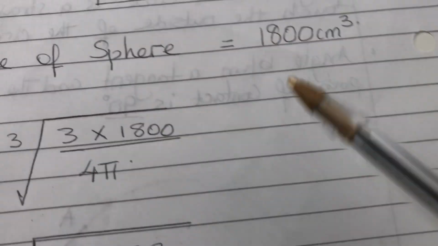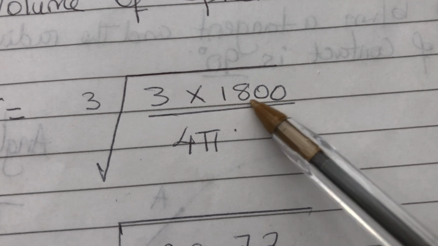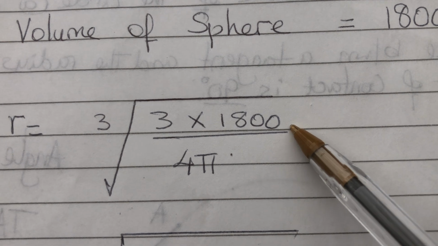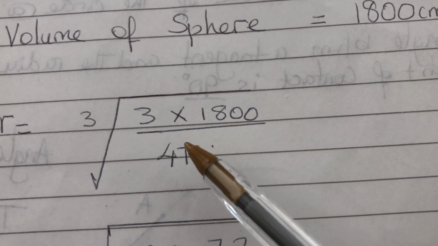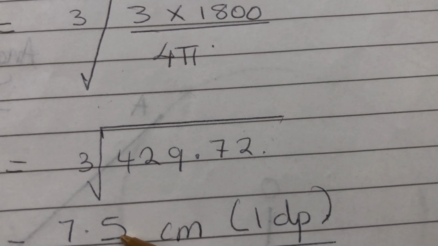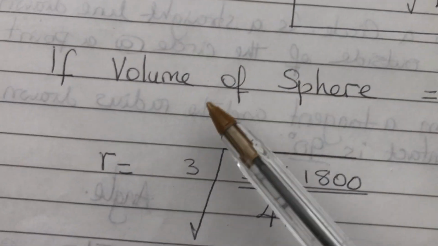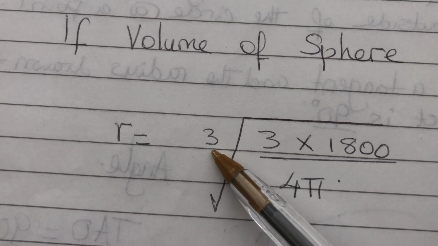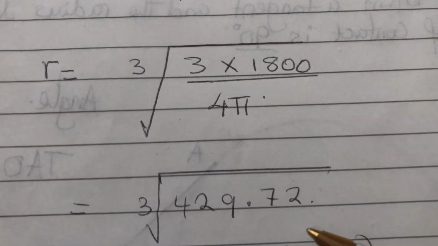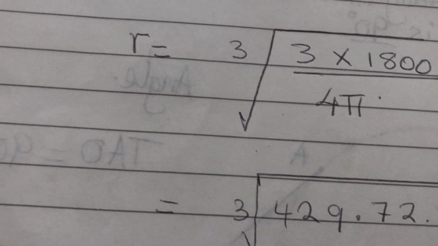Now if you do that correctly using the calculator, I've checked today, and rechecked and rechecked, then you have 7.5 centimeters to 1 decimal place. It's the cube root, not the square root, please. So you have centimeters because radius is a length.